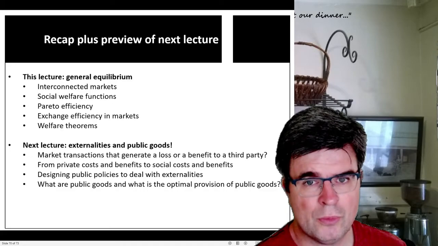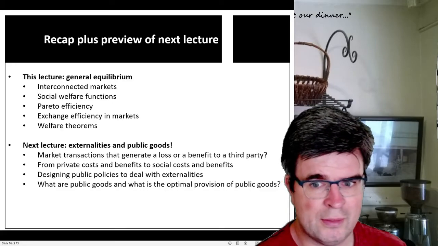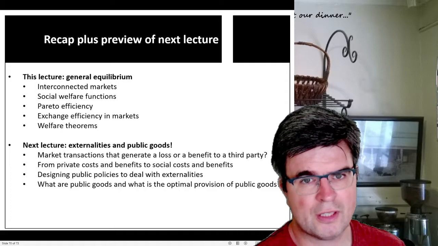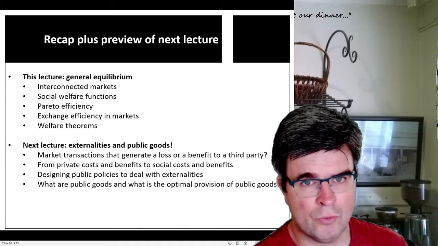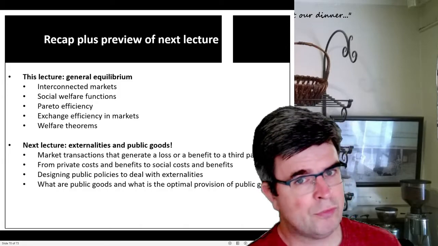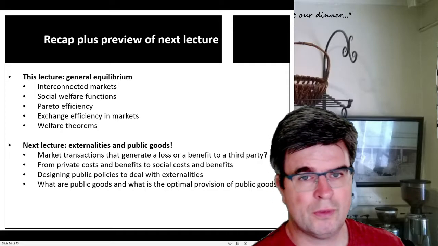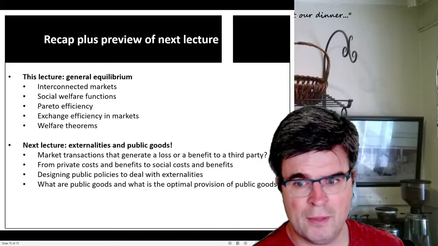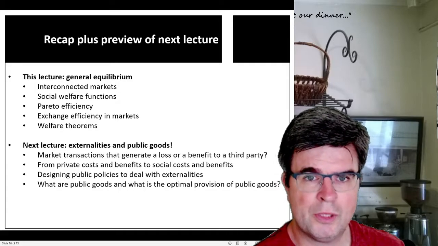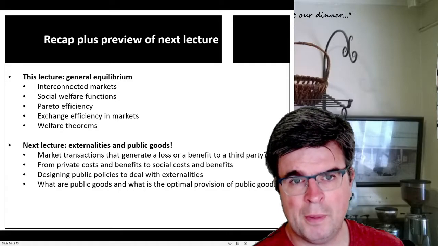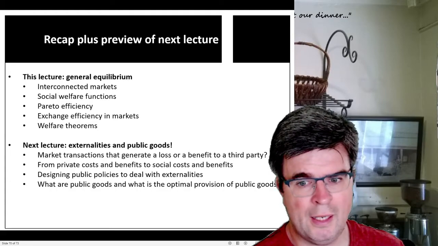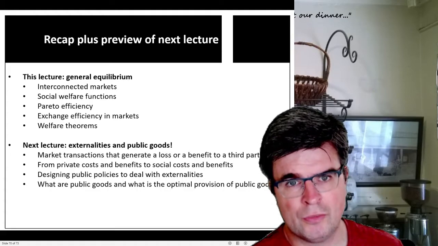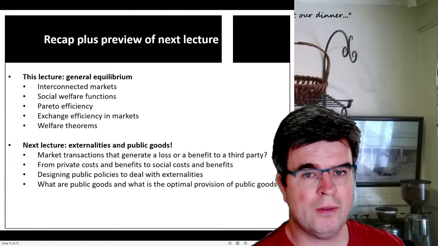Next week, we're going to introduce externalities and public goods, so market transactions that generate benefits or losses to parties not directly involved in the transaction. We move then from private costs and benefits, like we considered so far, to social costs and benefits. And we also look at which public policies can be developed and designed to fight these externalities and to deal with them. And what are public goods actually, and what is the optimal provision of public goods? But that's all next week.